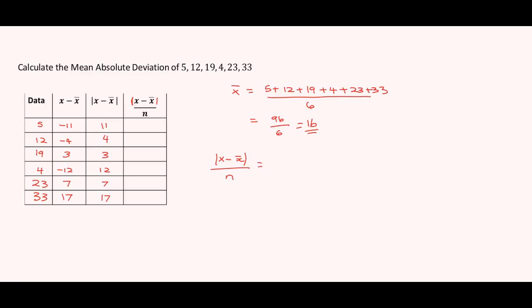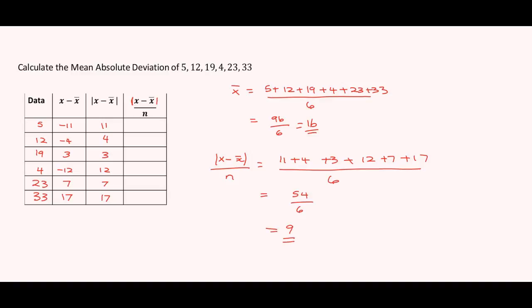That gives us 11 plus 4 plus 3 plus 12 plus 7 plus 17, divided by 6. 11 plus 4 is 15, plus 3 is 18, plus 12 is 30, plus 7 is 37, plus 17 is 54, divided by 6, which gives us 9.